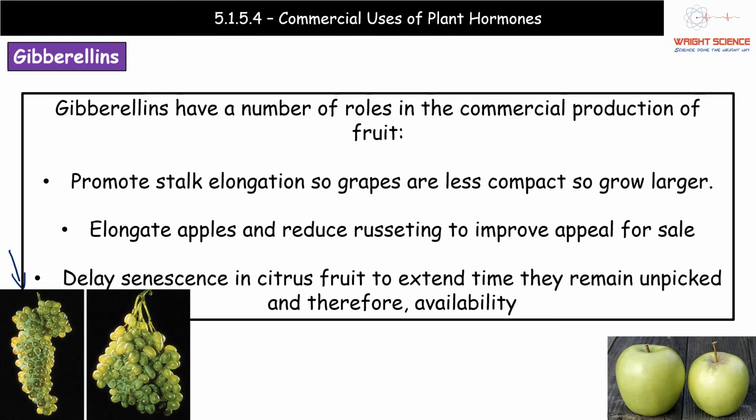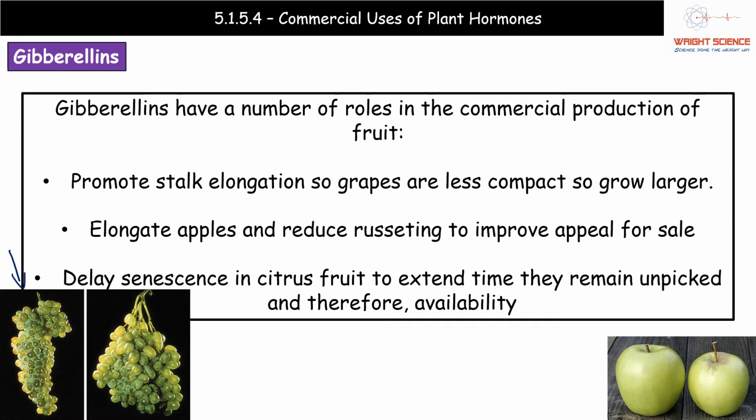So what you can see is they're quite densely packed in together. Now the reason for that is that without those gibberellins being applied to them, then the stalks are actually quite short. And that leads to very densely packed grapes, which means they're not going to be able to grow very large because they're all pressing against each other.